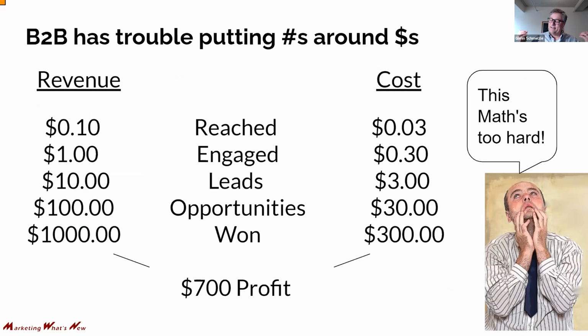Particularly in B2B, or if you're in direct to consumer and there is a high ticket item, we have to break down what the value of the interactions are that make their way down to a final transaction. We all know, for example, in this example at the bottom line, when we won a piece of business, it was worth $1,000 as a unit in revenue and our cost was $300.